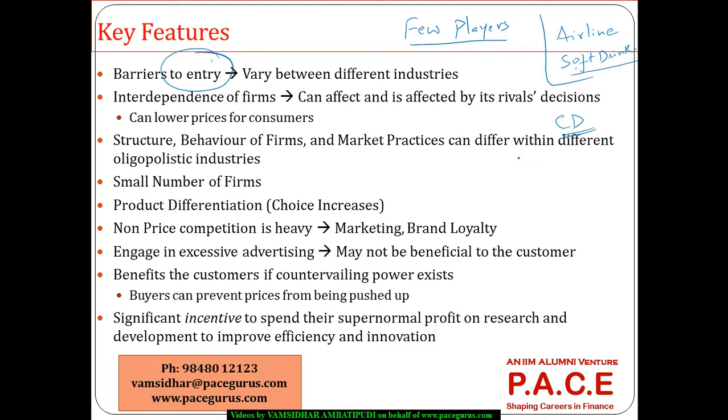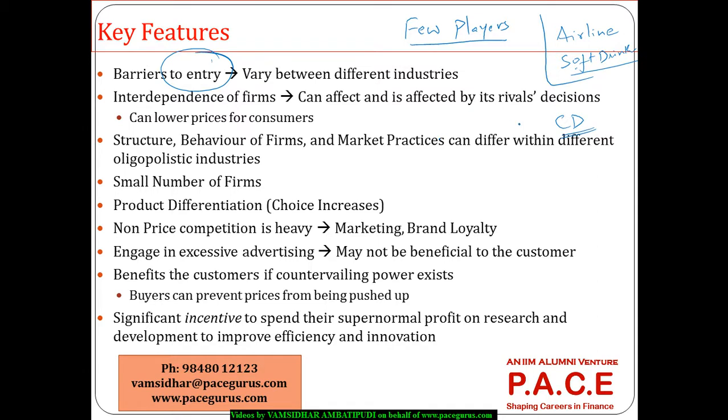But traditionally, in those kinds of businesses, such as financial services providers, you see that the barriers to entry are very, very high.